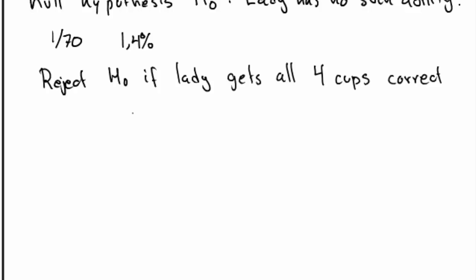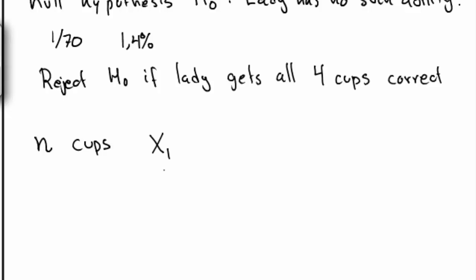Let's redo this example slightly. So now I pour n cups. For each cup, I randomly select if I'm going to pour in the milk first or the tea first. So in this case, there's no guarantee that half of the cups will have milk poured first.